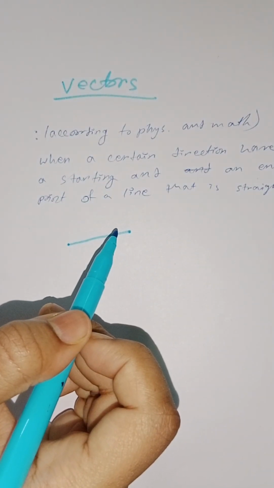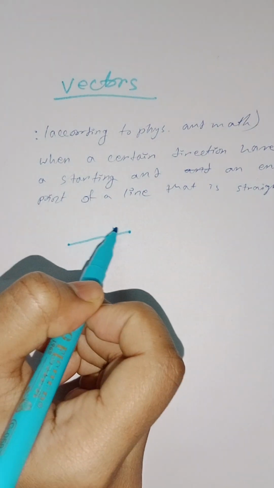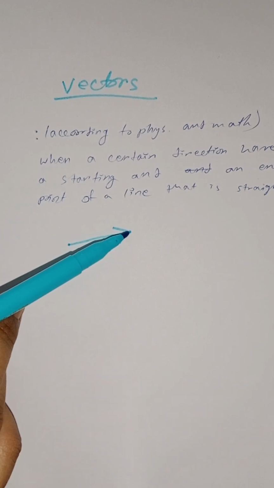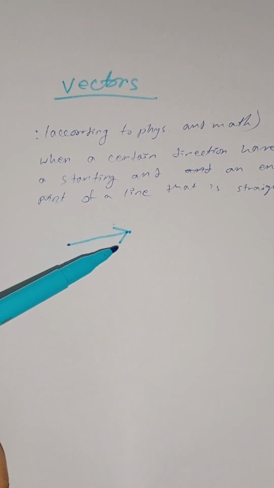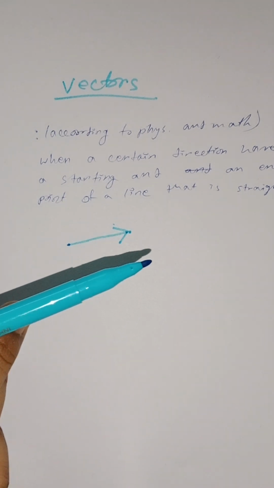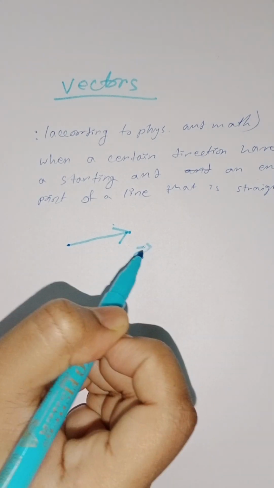So when there is no direction, there are no vectors. This arrow indicates the direction of the line, so we can easily tell that this is the starting, my bad, this is the ending, and this is the direction the line is going in. And by notation, we call it vector A.